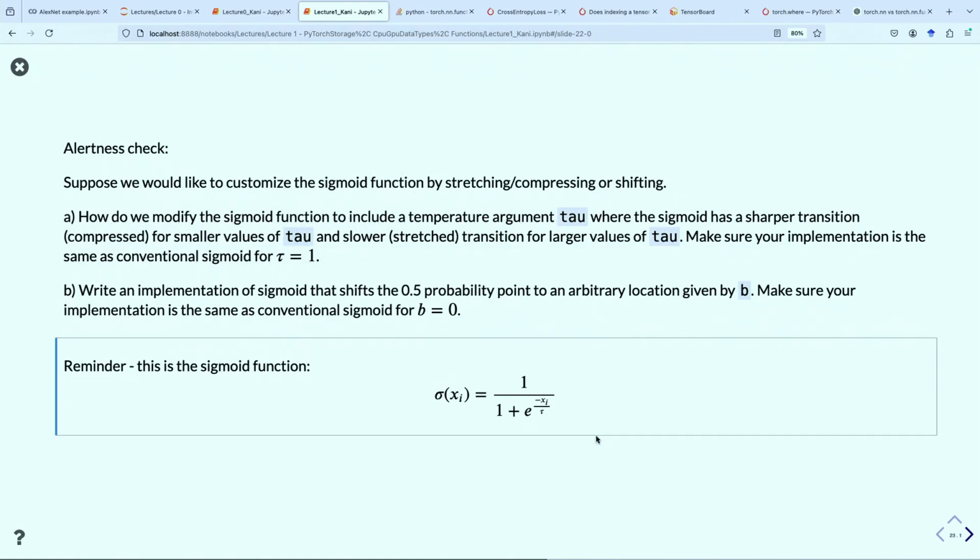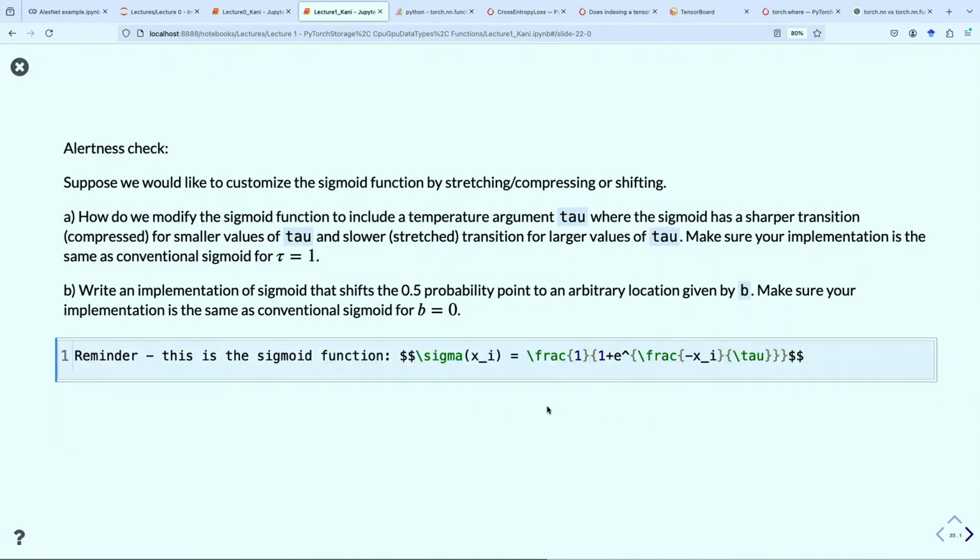Any idea on how to shift it left or right by some value b? Yeah. Just put parentheses around the x or where the tau would be, and then do that minus b. Yeah, exactly.